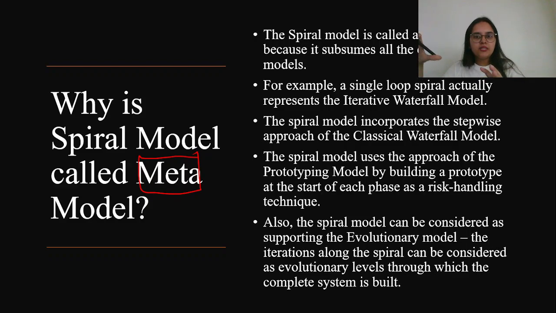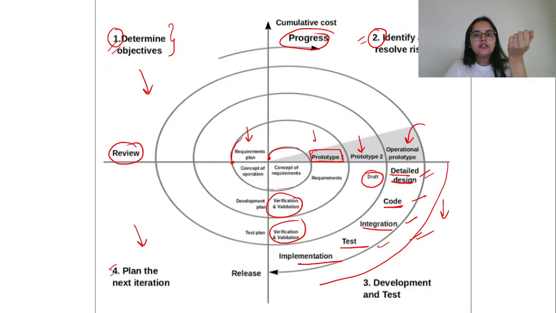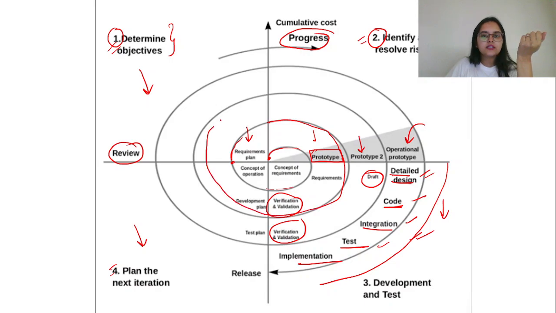Meta model means that it uses the features of all the SDLC models that we have studied so far. For instance, you have studied the waterfall model, the iterative nature of the waterfall model, right? The iterative nature can be represented by these loops here. This loop represents nothing but the iterative steps involved in the waterfall model.